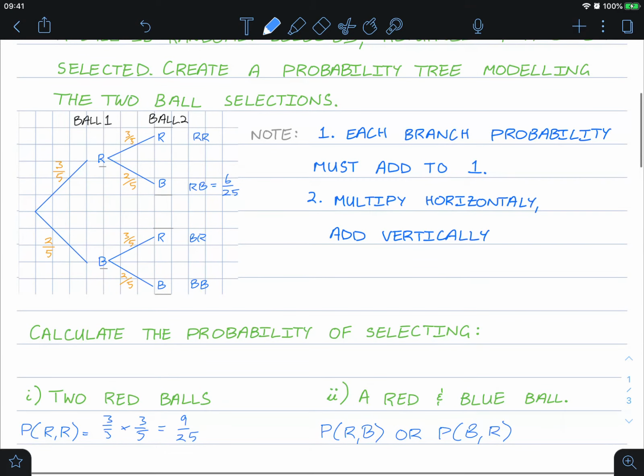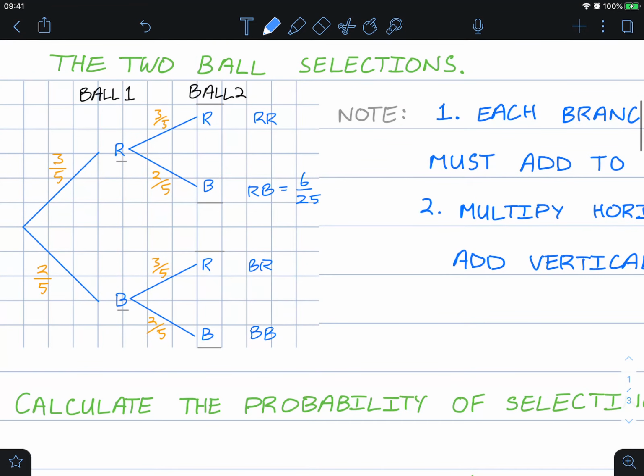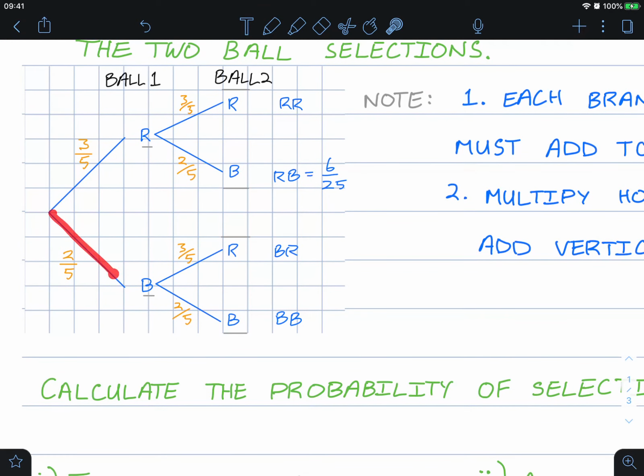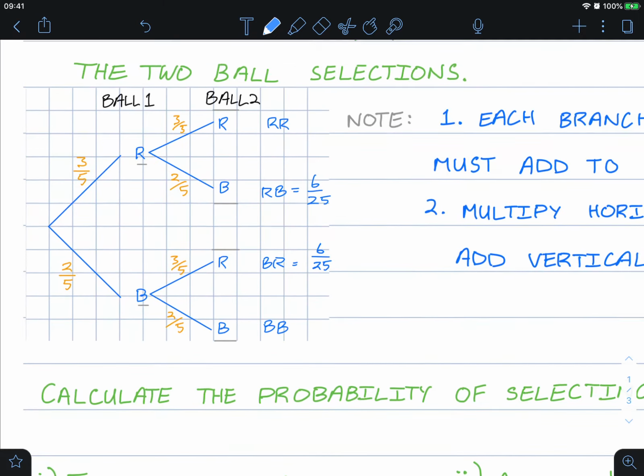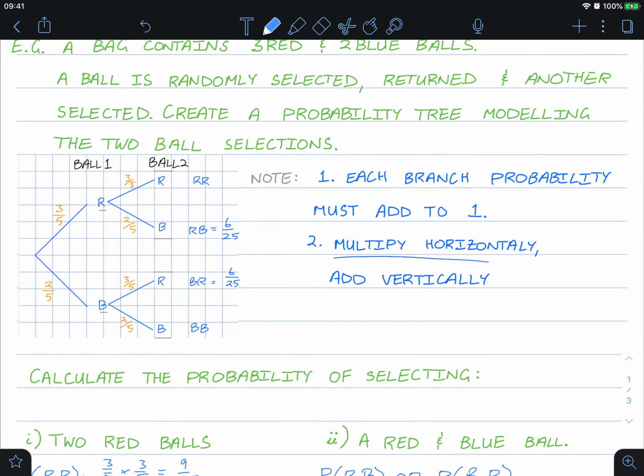And the probability of blue, red, well, same deal. We follow the path. Blue, red, that's 2 out of 5 times 3 out of 5. Multiplying, that's 6 out of 25. That's applying this rule here. We're multiplying horizontally, going through this way.